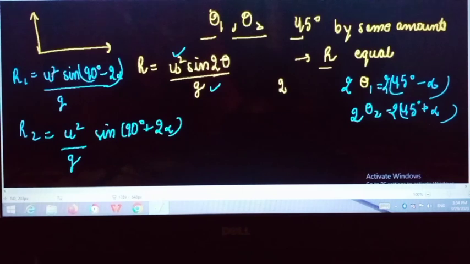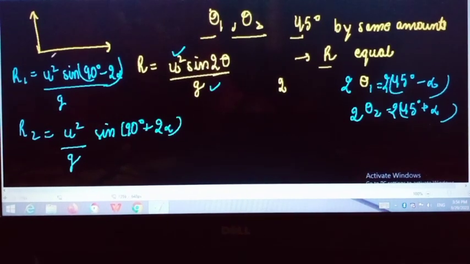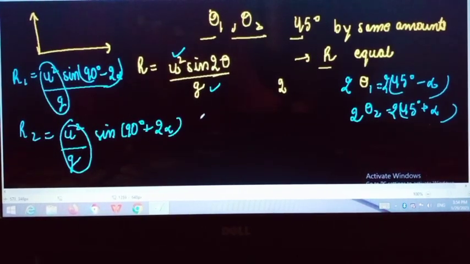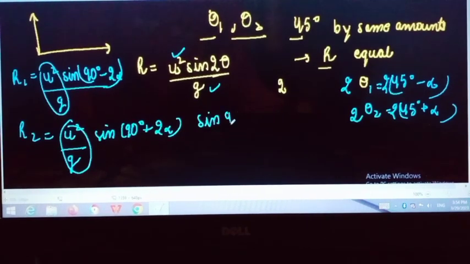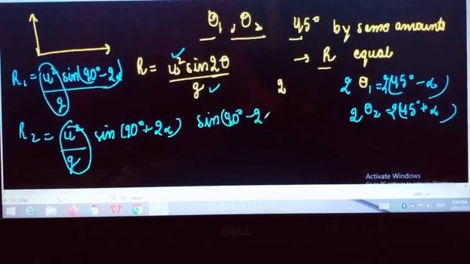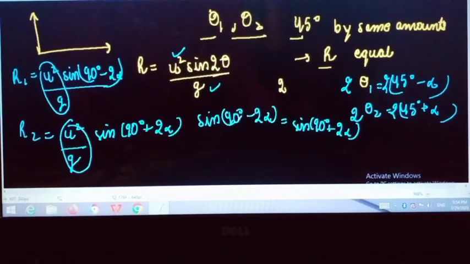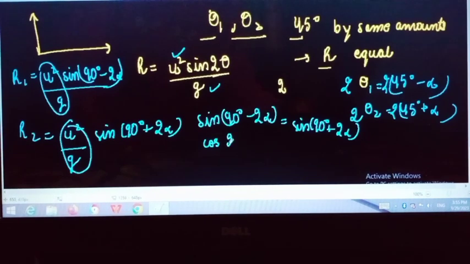Since u square upon g is unchanged for both cases, now we know that sine 90 degree minus 2 alpha is equal to sine 90 degree plus 2 alpha. It is equal to what? Cos 2 alpha and cos 2 alpha.